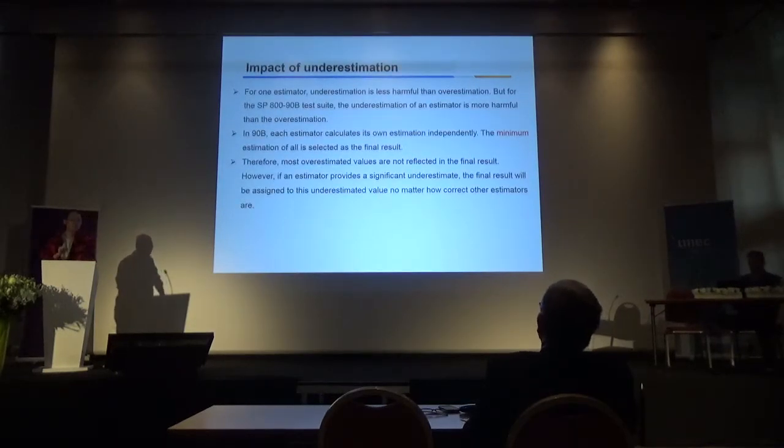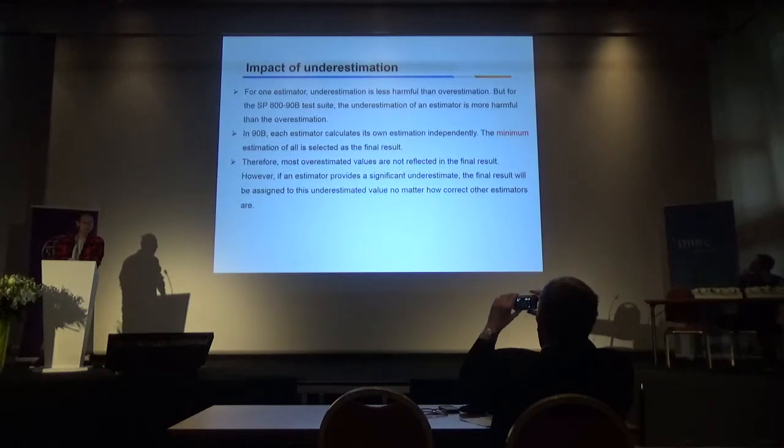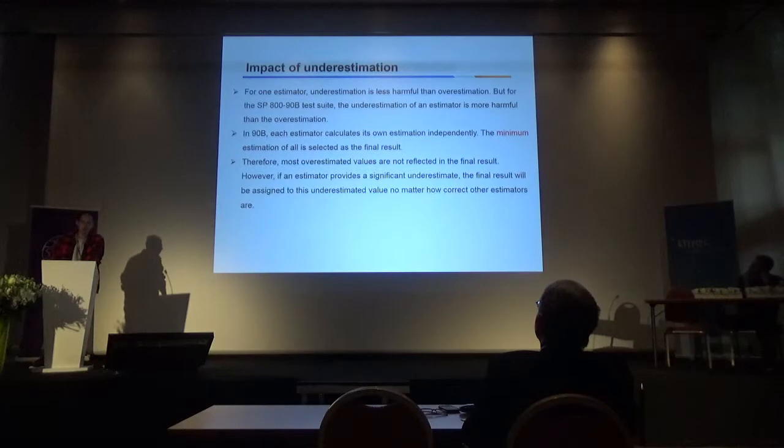Well, we all know that for only one estimator, underestimation is less harmful than overestimation. But for the test suite, the underestimation of an estimator is more harmful than overestimation. Because in NIID, every estimator calculates its own estimation independently.